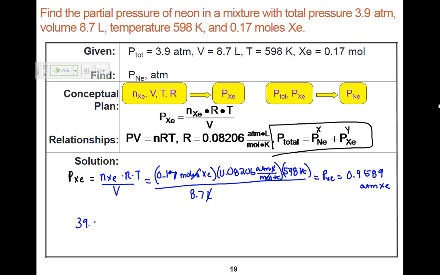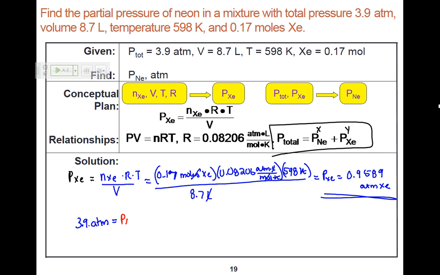Now clearly, if this number had come out bigger than 3.9, I did something wrong, because my partial pressure can't be more than my total pressure. So if that had been the case, I'd know that I did something not quite right.